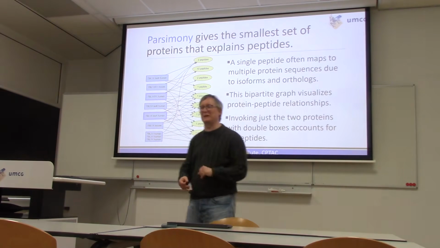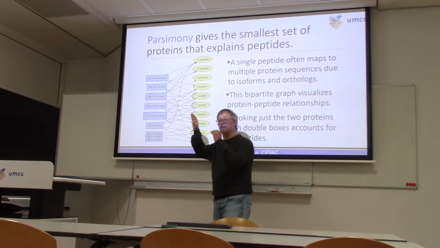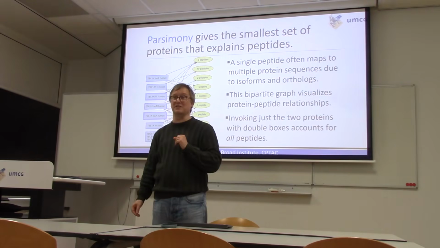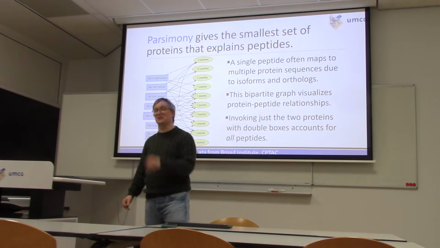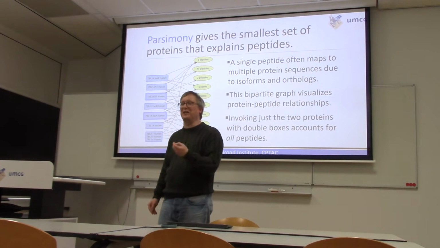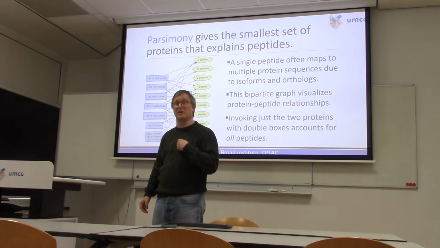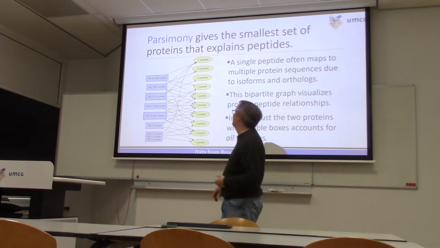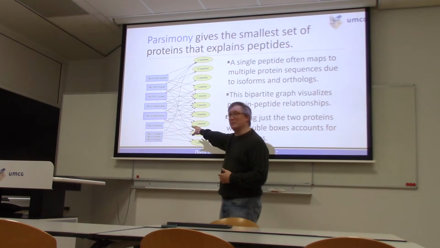In the same way, if you can explain the peptides you've observed with 3,000 proteins or 5,000 proteins, the 3,000 answer, being the more parsimonious one, has a better chance of being accurate. So parsimony is one of the ways that we go about this.